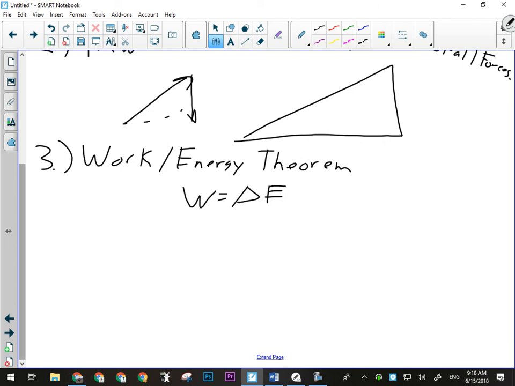We said work can be calculated by using force times distance, but it's also the final mechanical energy minus the initial mechanical energy. How much energy did the object have at the bottom of the ramp versus the top of the ramp? Kinetic and potential added together. So when this is expanded all the way out, it might look like this.